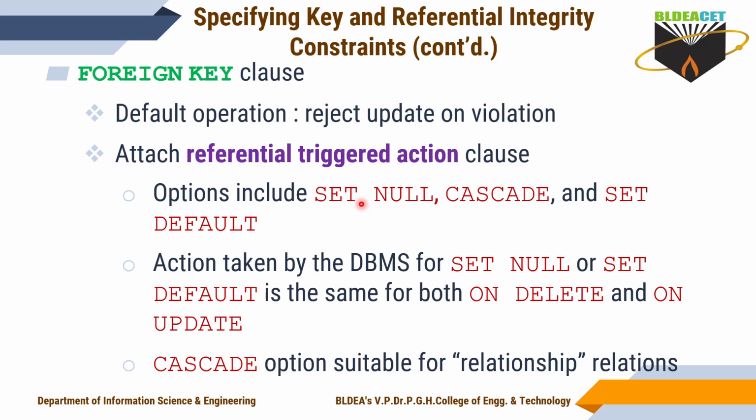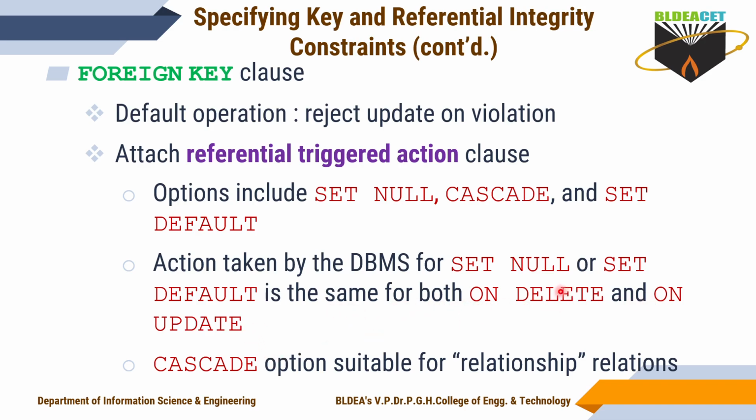So the options include set null. If you delete or update, then by default you can set a null value, cascade, or set default. These are some of the triggered actions that apply if the referential integrity constraint is violated. The action taken by the DBMS for set null and set default is the same for both on delete and on update.